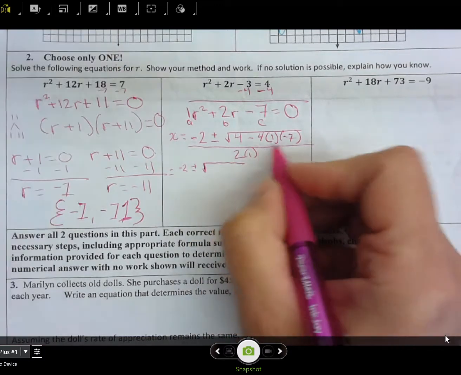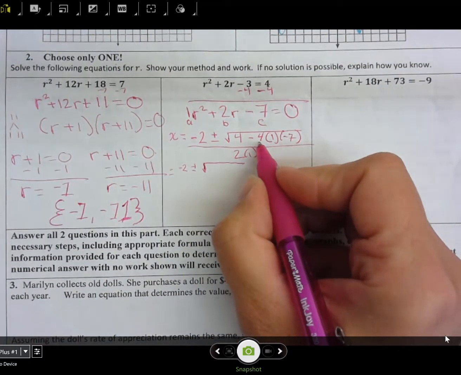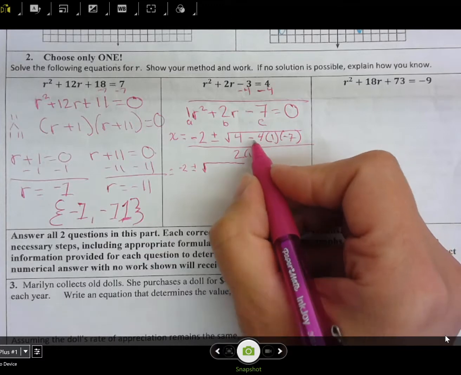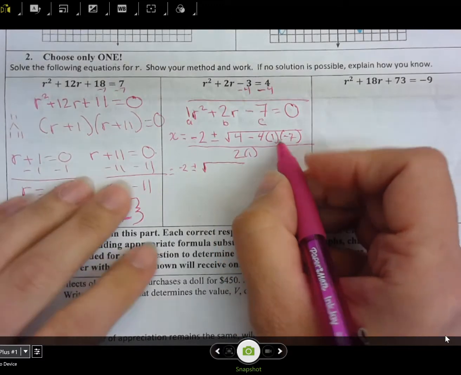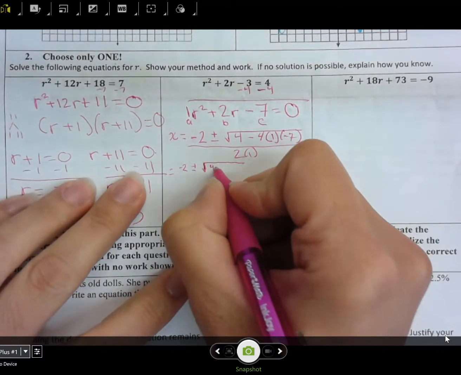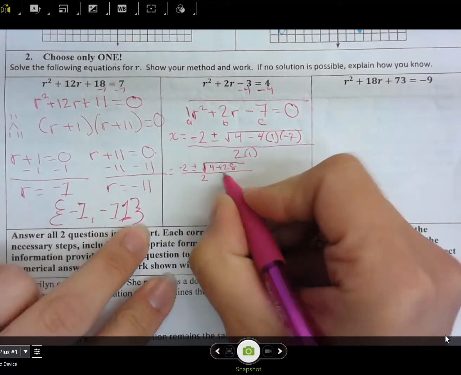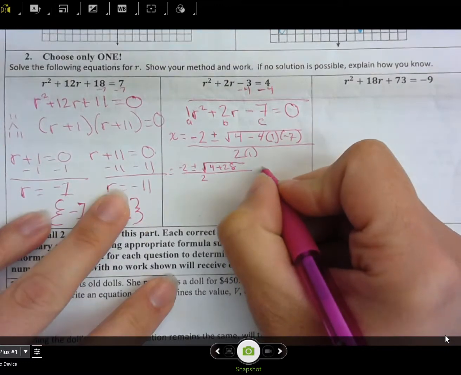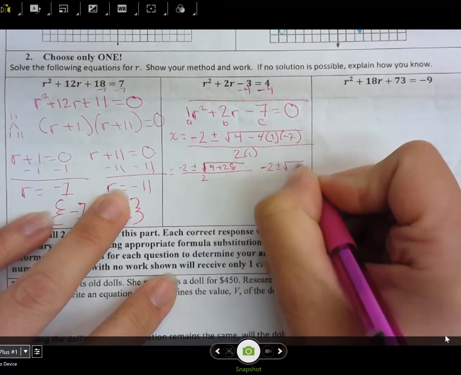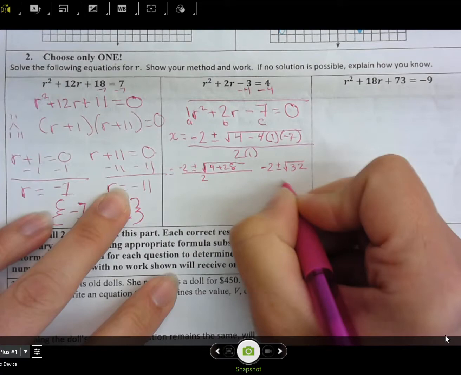Now I'm going to multiply. 7 times 4 is 28, and we have a negative times a negative, so it's going to be positive. So we have 4 plus 28 all over 2. 28 plus 4 is 32. So we have negative 2 plus and minus the square root of 32 over 2.